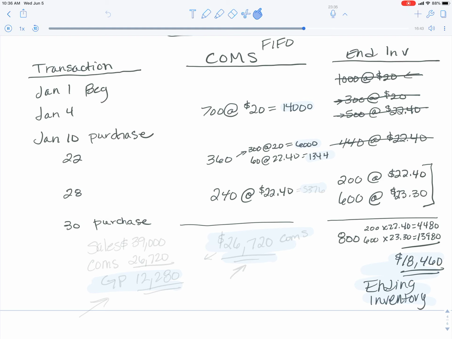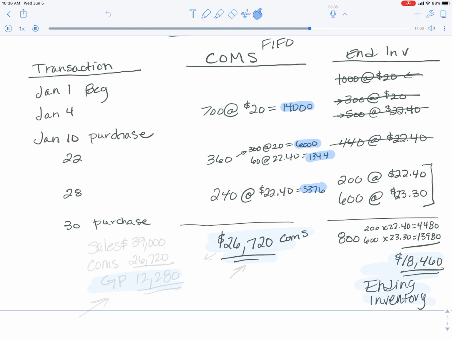And then 240 times 22.40 is 5,376. So all four of these totals together give our total cost of merchandise sold of $26,720.